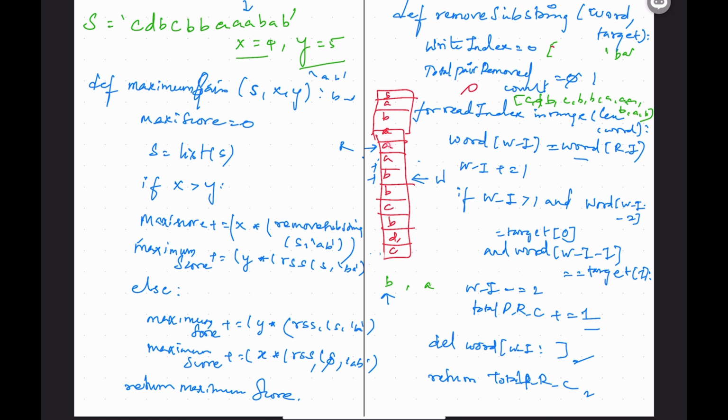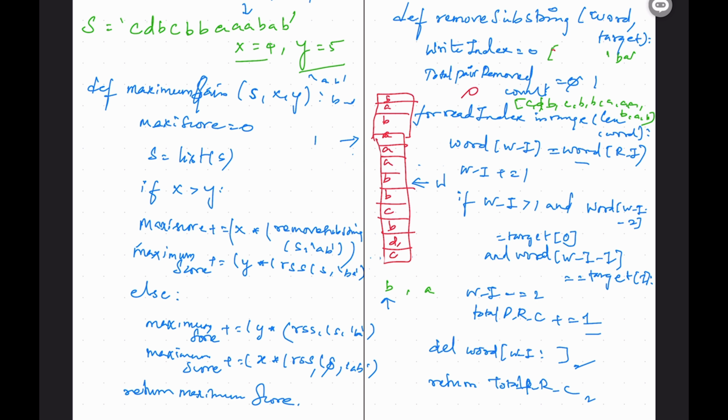So now this got removed, right? The right index got incremented to here and the read index is here. Now this will get updated to here, right? Now that a will be here, so this ba, now right index will be moving to the next.